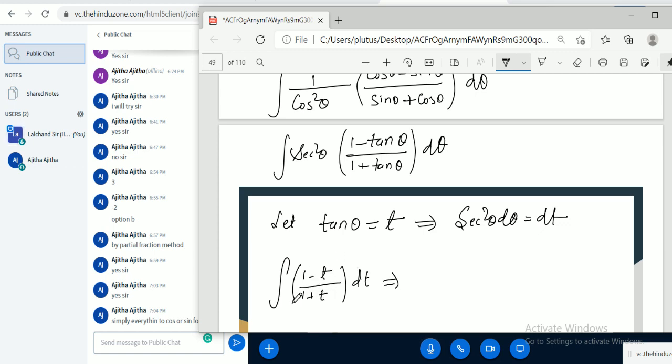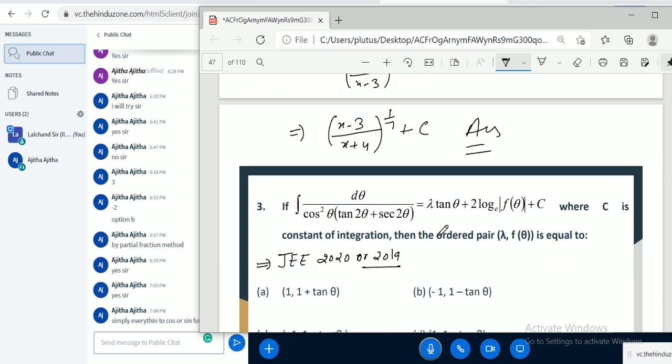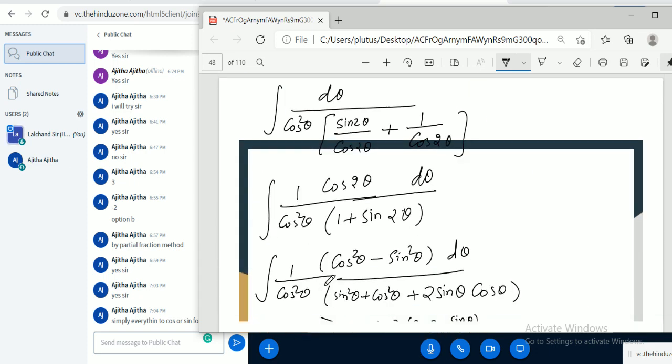And now can you simplify this? Because if we simplify this and compare with this integral, we will find the value of lambda and f theta. So we need to simplify this expression now.